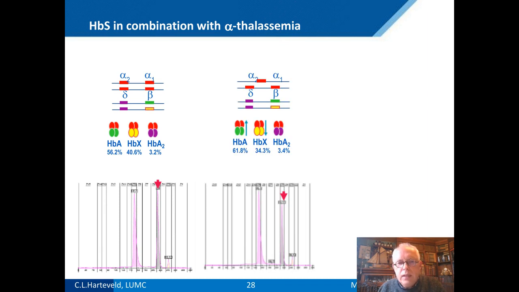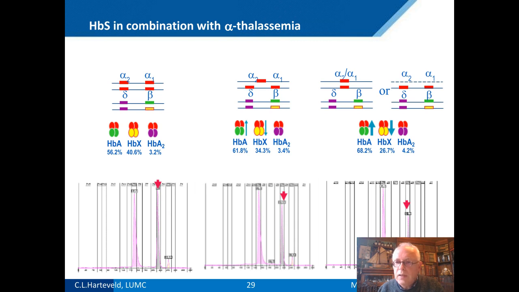However, if there is a single alpha gene defect, you see that the S percentage is lower, about 35%. And if you have 2 alpha gene defects, either in cis or in trans, you see that the hemoglobin S goes down to about 25 to 30%. And that is very well distinguishable with capillary electrophoresis.